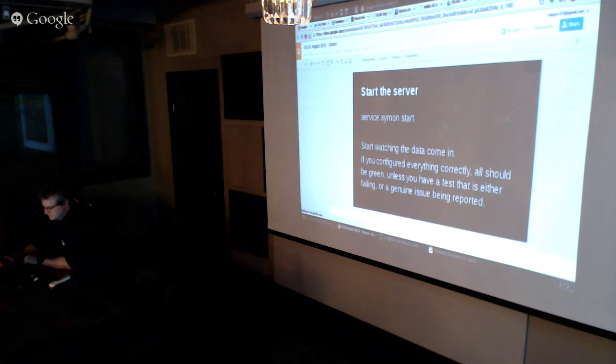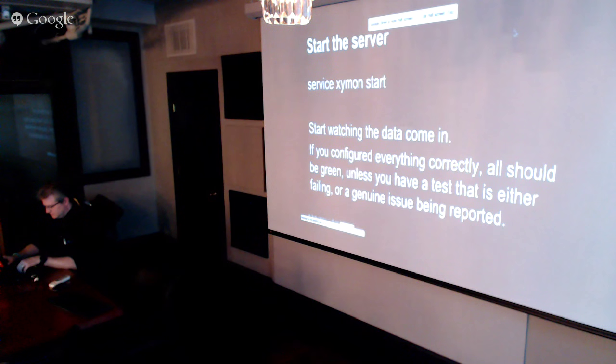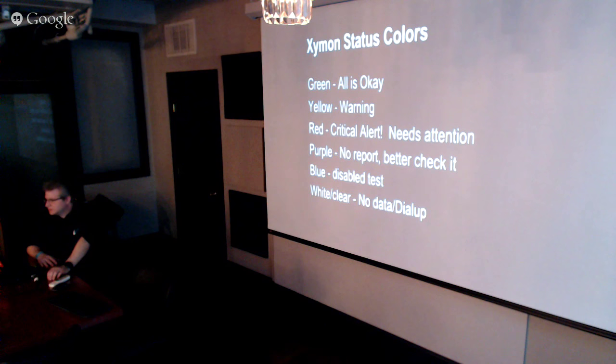So the colors: green, everything's all right. Yellow, it's a warning, you may want to take a look at it. Maybe you're running out of disk space on a system somewhere. Red is a critical alert, you better pay attention to it.